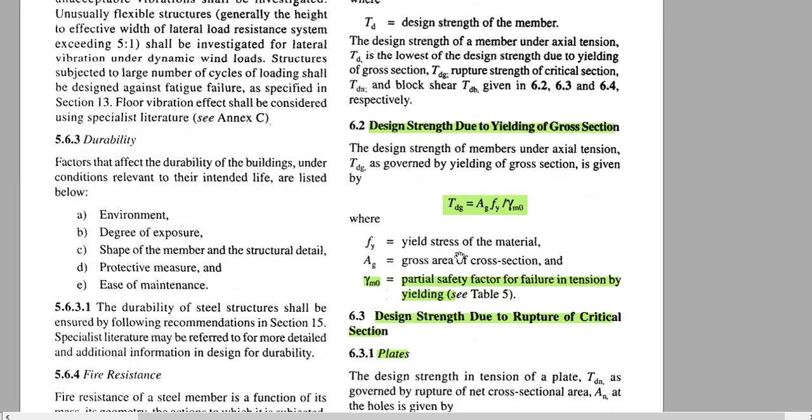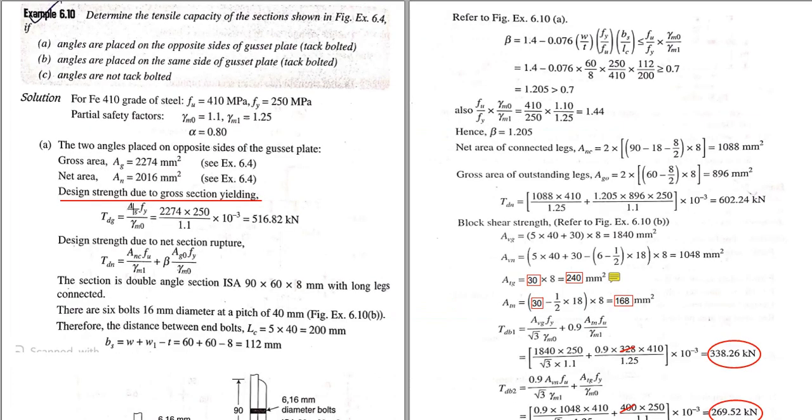TDG is equal to AG into Fy by gamma m0. So like this, TDG equal to AG into Fy by gamma m0. AG is this, Fy is this 250, and gamma m0 for yield strength is equal to 1.10, into 10 to the power minus 3, that is to convert into kilonewton.